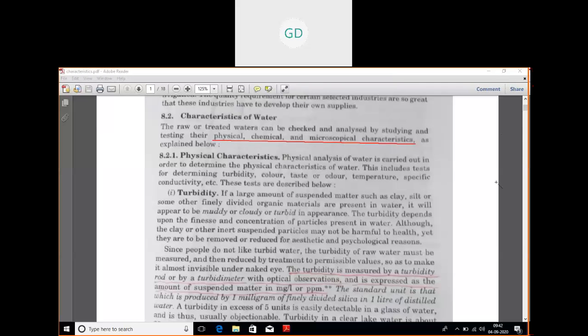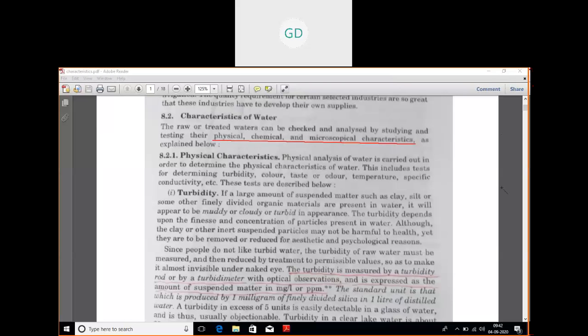Microscopical, or you can say biological characteristics also. Physical, chemical, and biological characteristics of water. These are the three characteristics that should be checked and tested before supplying it to the public.